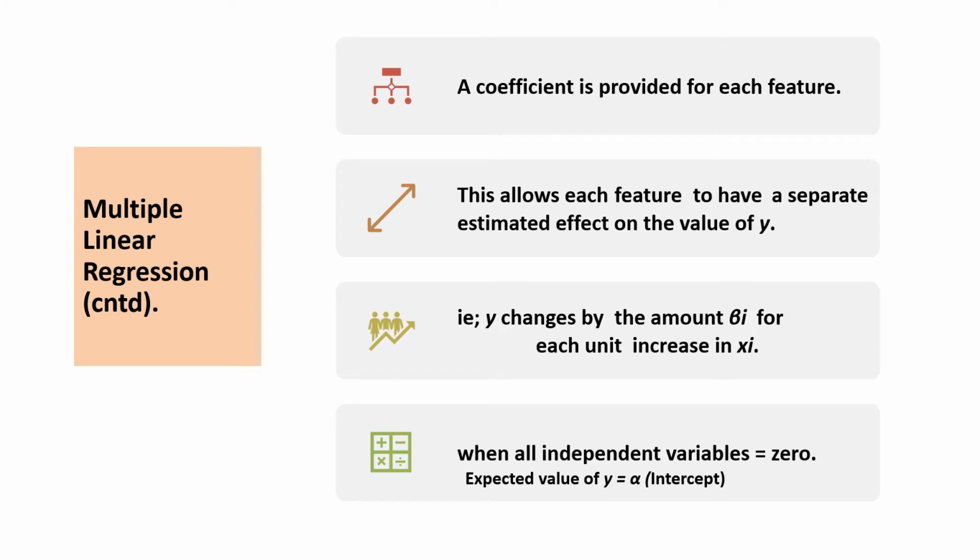When all independent variables are 0, that is, all xi's are 0, then y is equal to alpha. The value of y should be equal to alpha. Alpha is the intercept value.